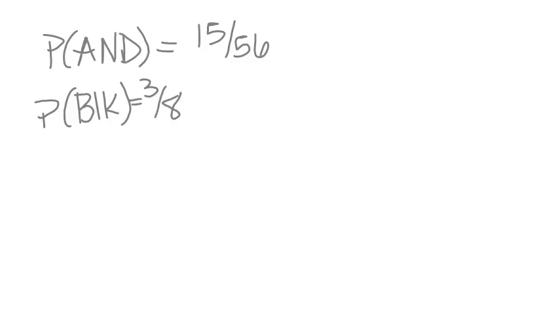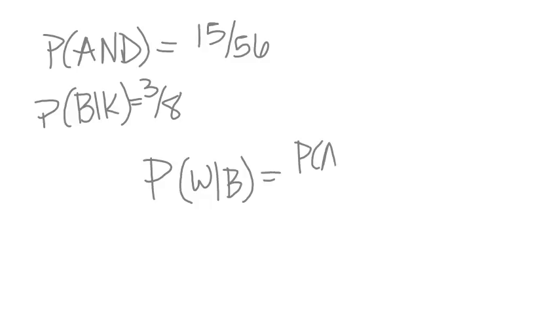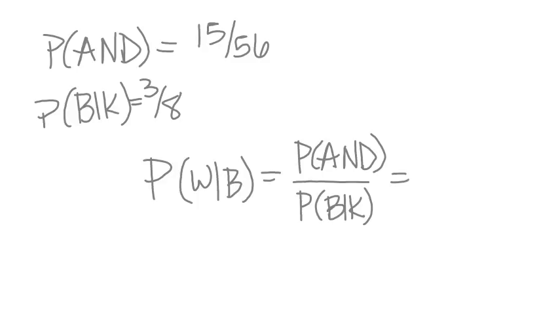Find the probability of selecting a white chip on the second draw given the first chip was black. So this is the given one we're looking for. So white, given that it was black, is equal to the probability of the and divided by the probability of the black. Well, the and probability was 15 over 56.